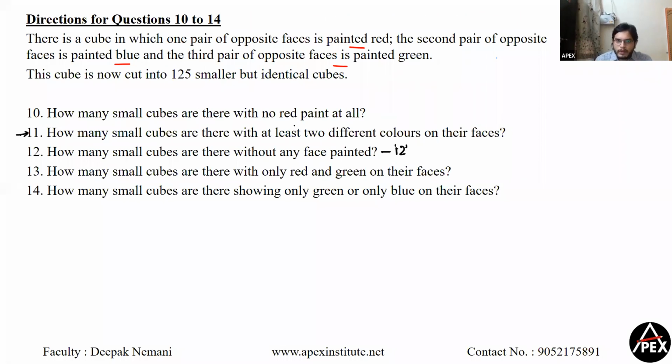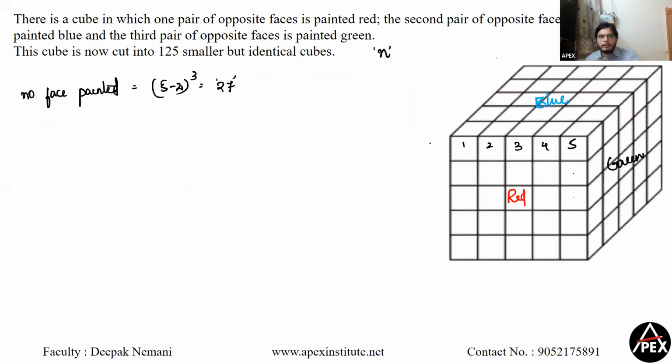How many small cubes are there with at least 2 different colors on their faces? Clear? At least 2 different colors is similar to at least 2 faces painted.